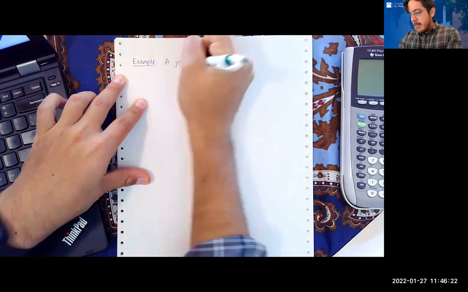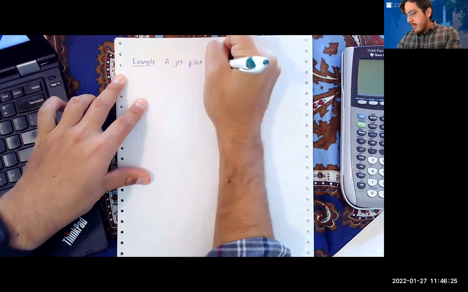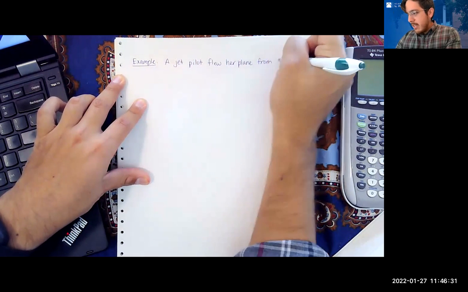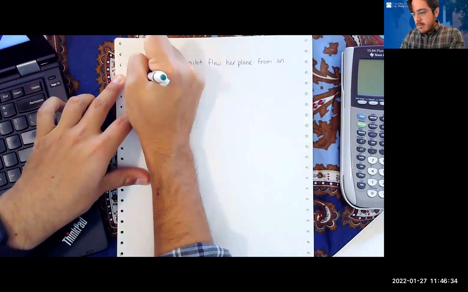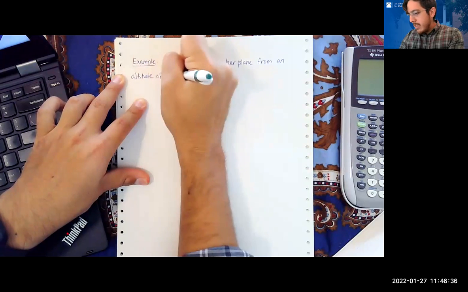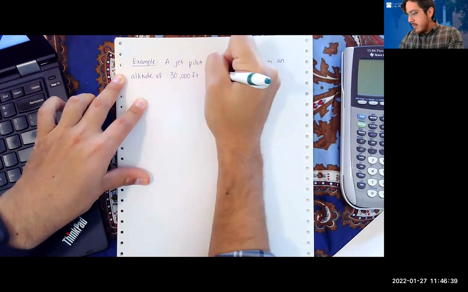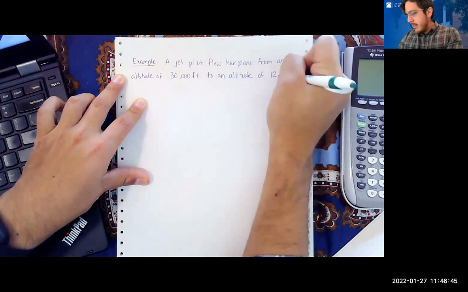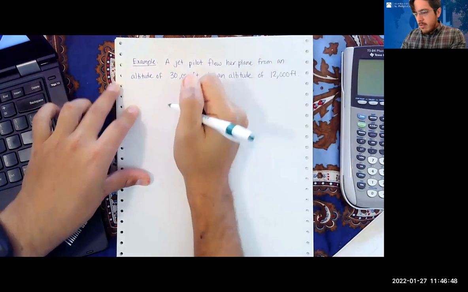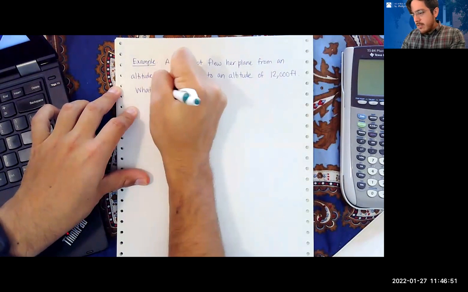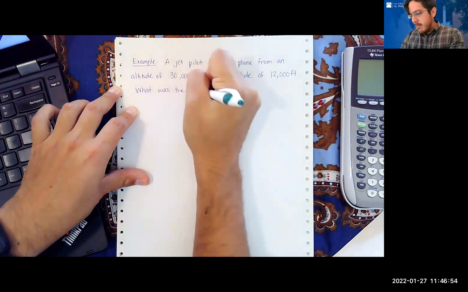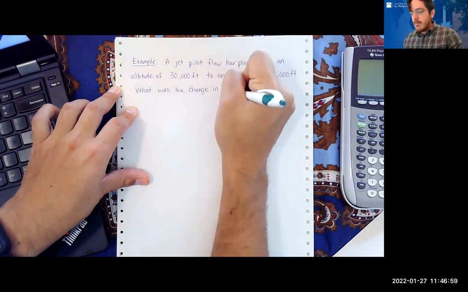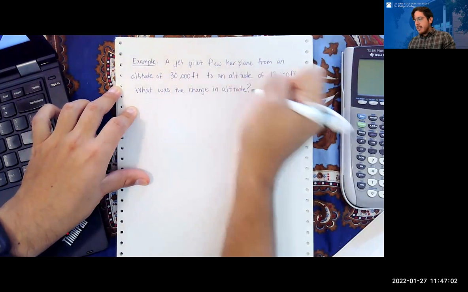A jet pilot flew her plane from an altitude of 30,000 feet to an altitude of 12,000 feet. What was the change in altitude? Okay. So how do I set this one up?